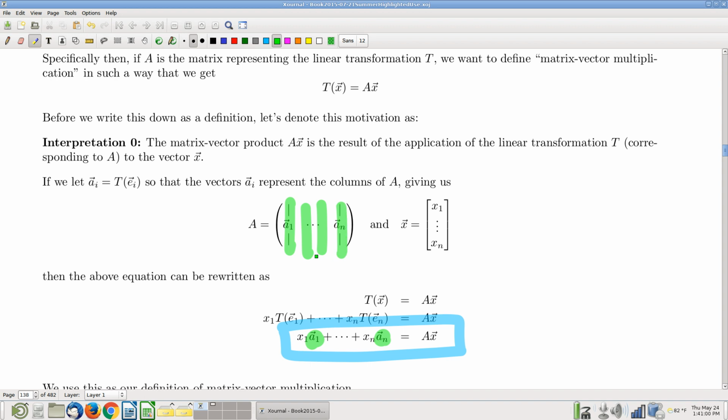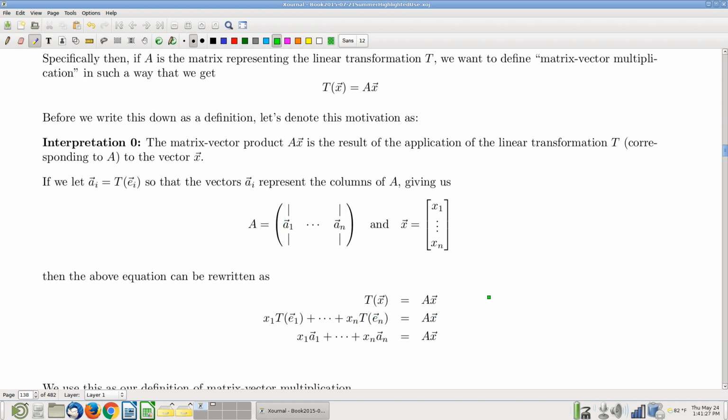So when you multiply a matrix times a vector, you're taking a linear combination of the columns of the matrix A. Note in this formula there's no reference to T. I don't have to work back and figure out what the linear transformation T is, and then plug in certain things. No, straight from the matrix A, just take the columns.